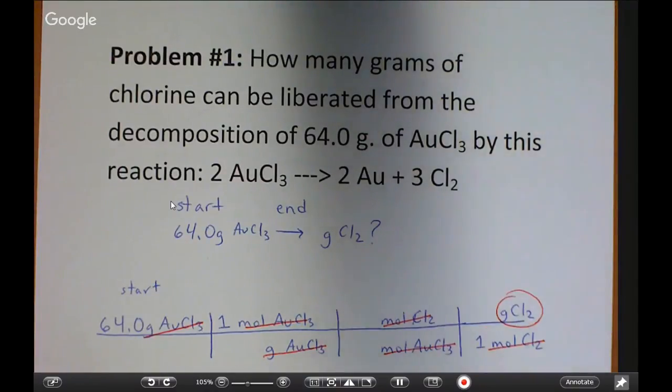Then we have to go back and fill in the corresponding information that's missing. So take a moment and work on calculating those values out.